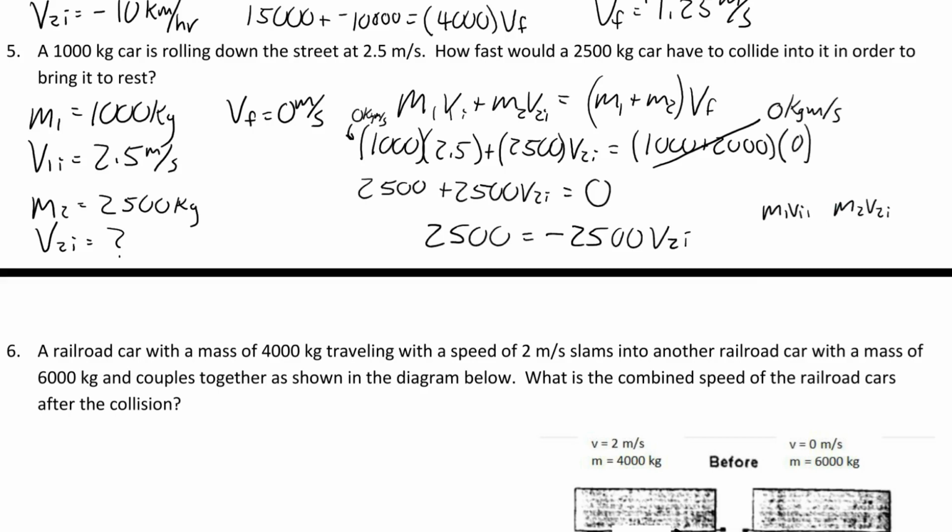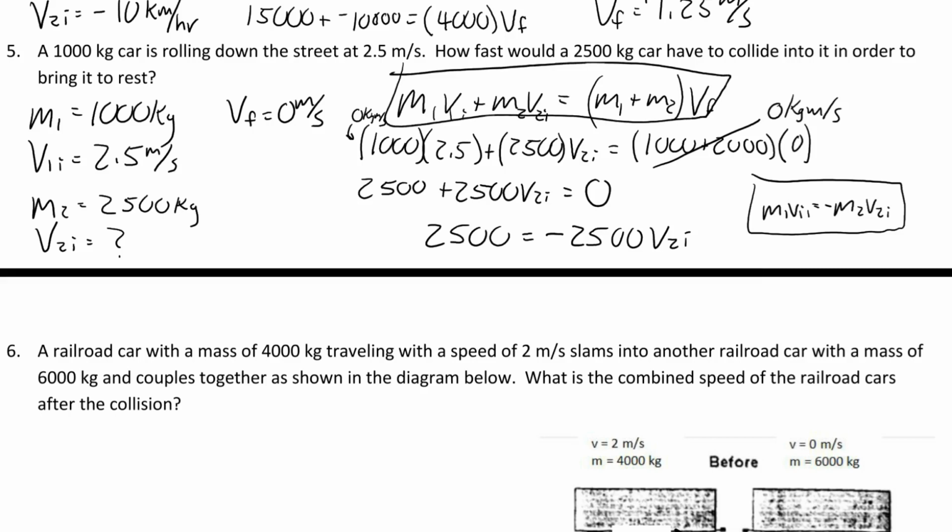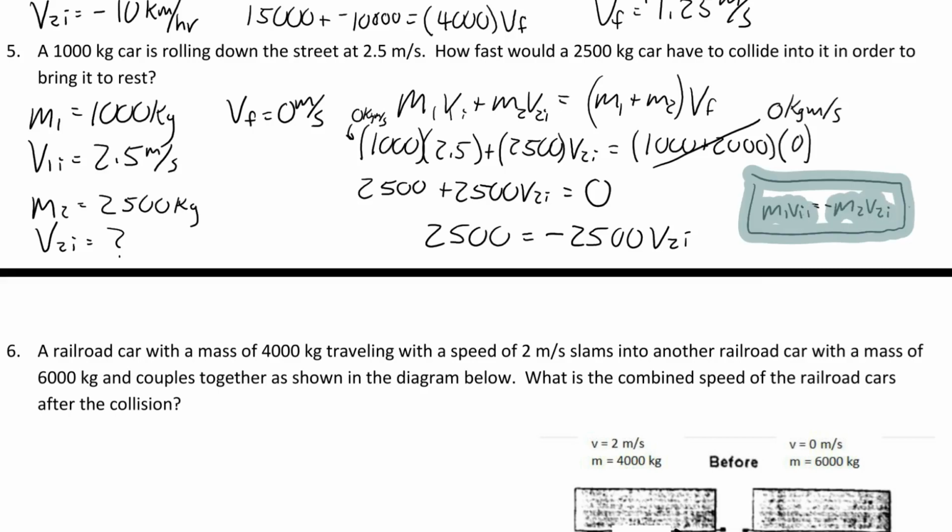They'll say, okay, if you want the final momentum to be 0, this equation must be true, that this is equal to the negative of this, because they should cancel each other out and become 0. That's a totally valid equation. You can do that, but the way I teach is the thing that will work every single time. And if you want to come up with your own shortcuts, that's totally valid too. You just have to make sure that they work every single time, or only apply them when they work.